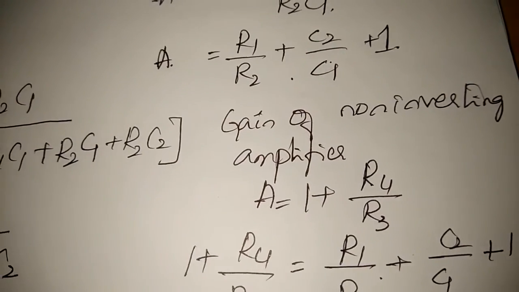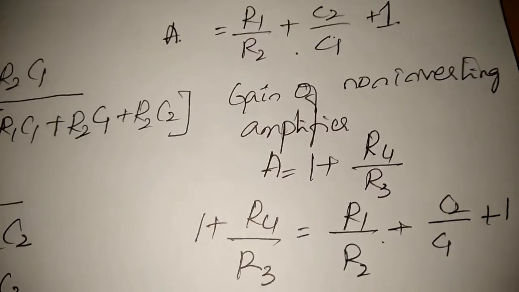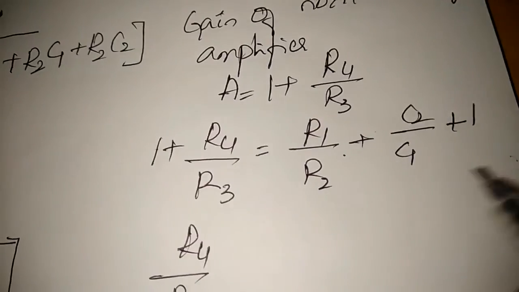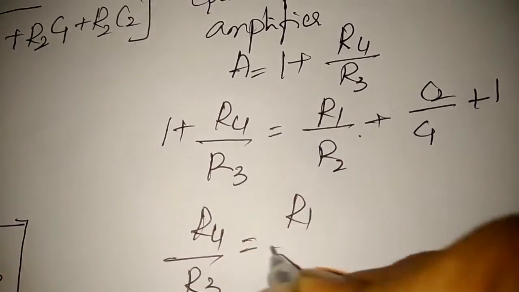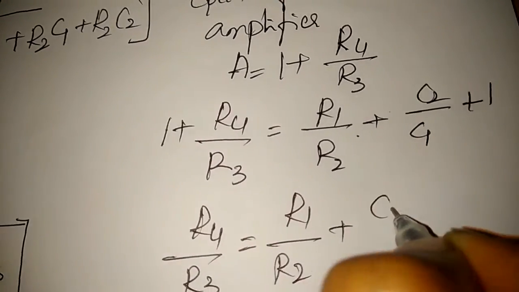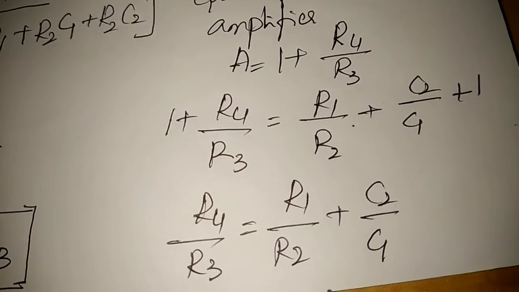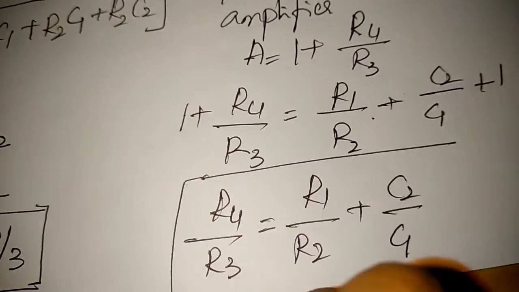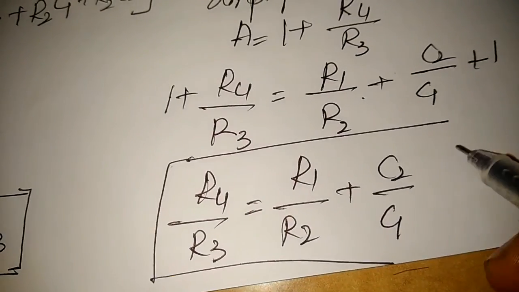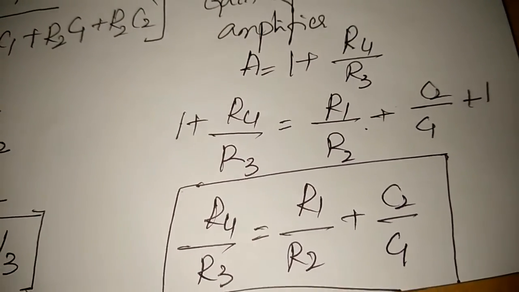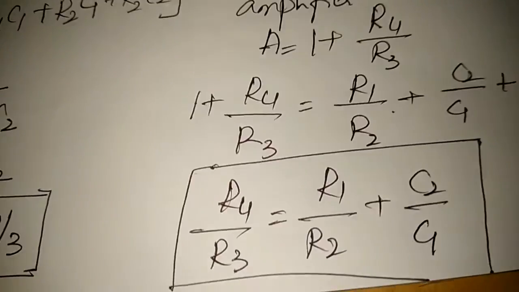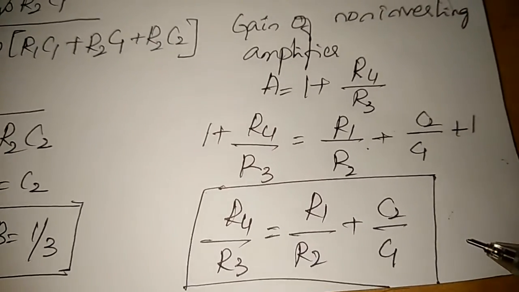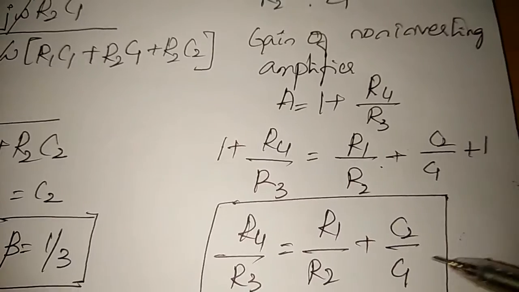So simplifying this, we'll get R4 by R3. This 1 and 1 gets cancelled. R4 by R3 should be equal to R1 by R2 plus C2 by C1. So this is the condition to be satisfied for sustained oscillations. When you are designing a Wien bridge oscillator circuit, you need to consider this to get sustained oscillations. Okay, this is for gain condition.